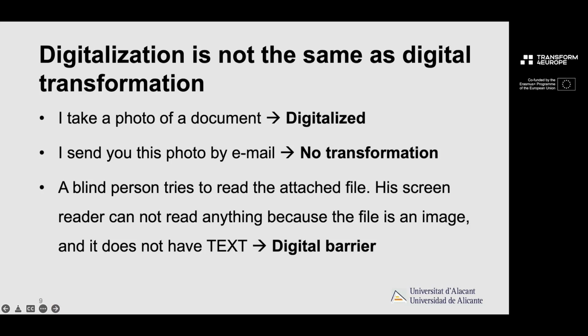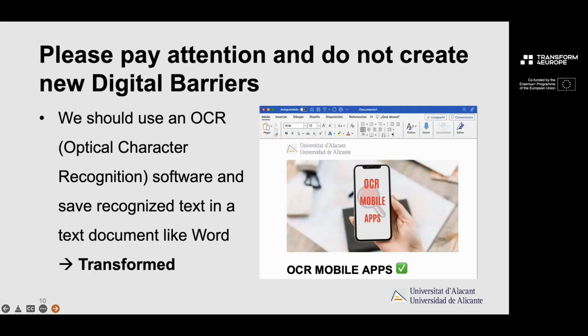So a blind person tries to read the attached file. His screen reader cannot read anything because the file is an image and it doesn't have text. We have created a digital barrier. Okay, please pay attention and don't create a digital barrier.